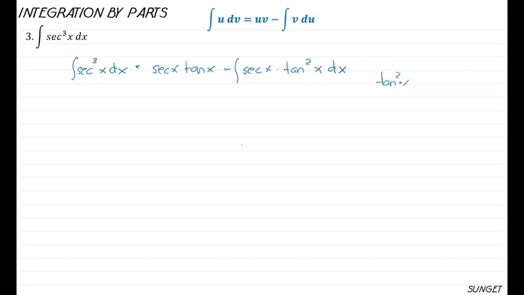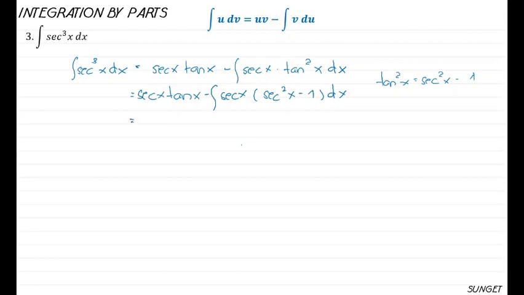So next, we're going to use a trigonometric identity. Tangent squared x equal to secant squared x minus 1. So we have secant x times tangent x minus integral of secant x times secant squared x minus 1 dx.